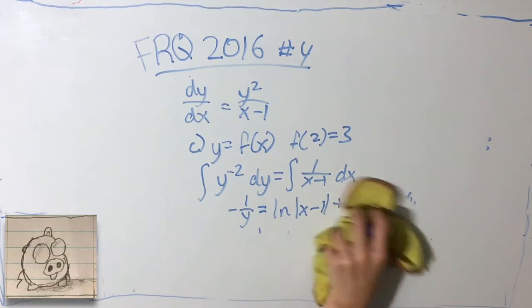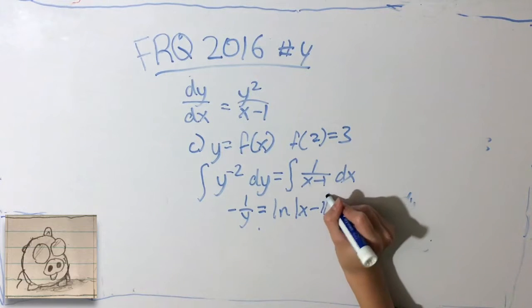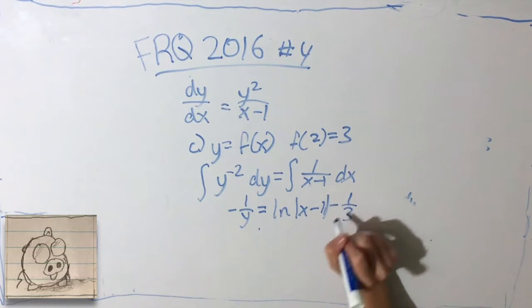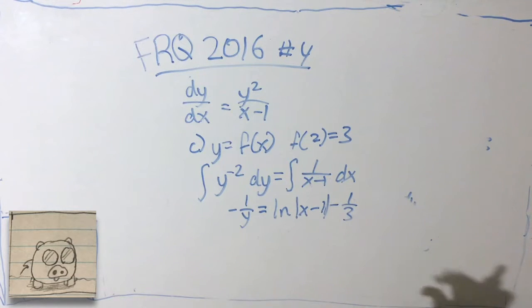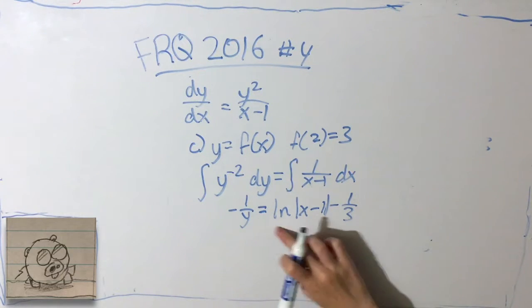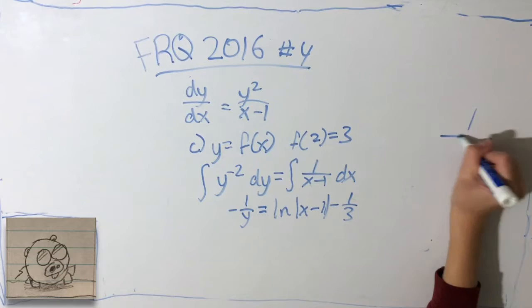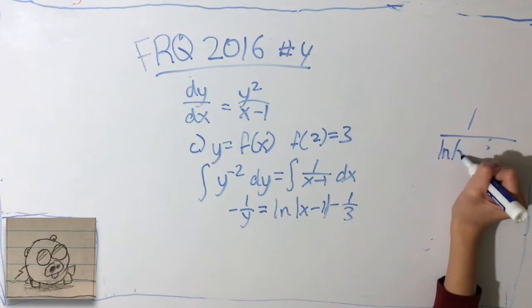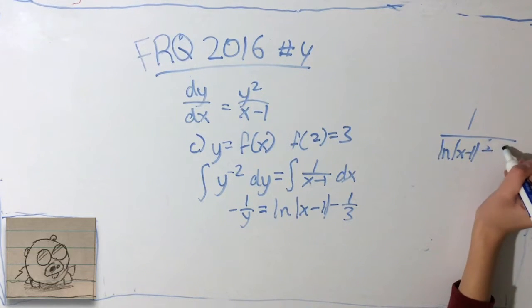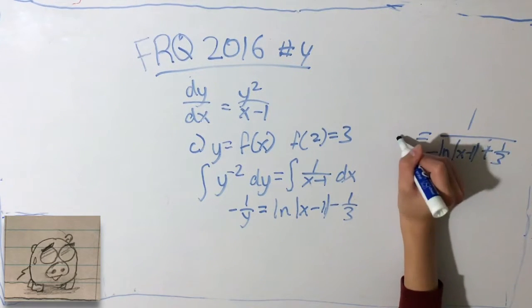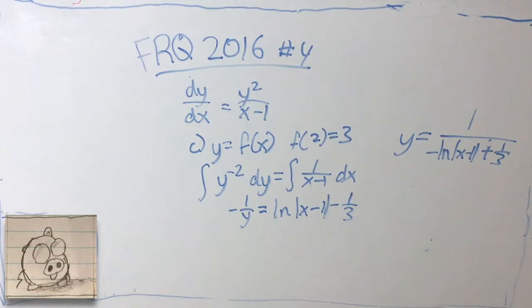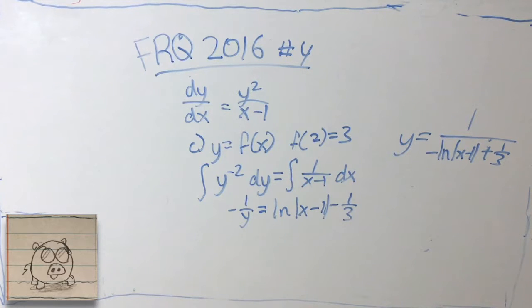With that, we can rewrite the equation, and all that's left to do is isolate y and make it a function. Put the entirety of the right side beneath the 1, because we are reciprocating both sides of the equation, and then multiply both sides by negative 1, and you get y equals 1 over negative ln of absolute value x minus 1 plus 1/3. And there you go, that's our answer.